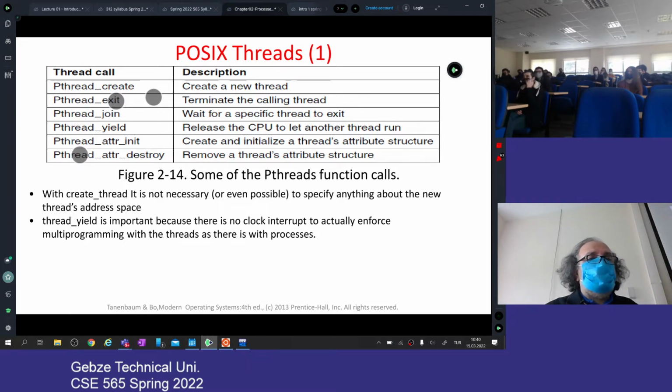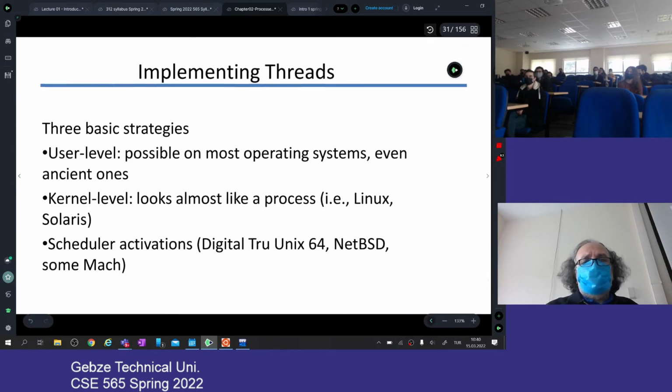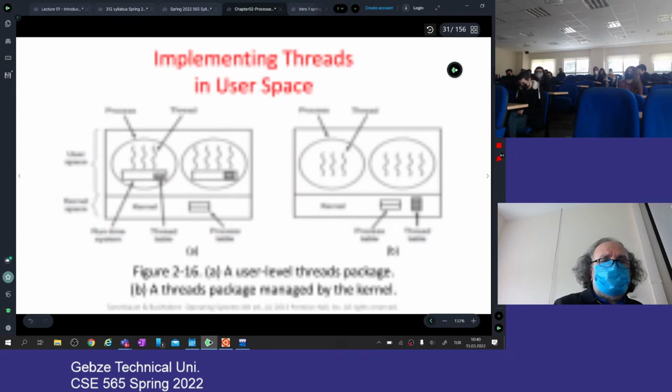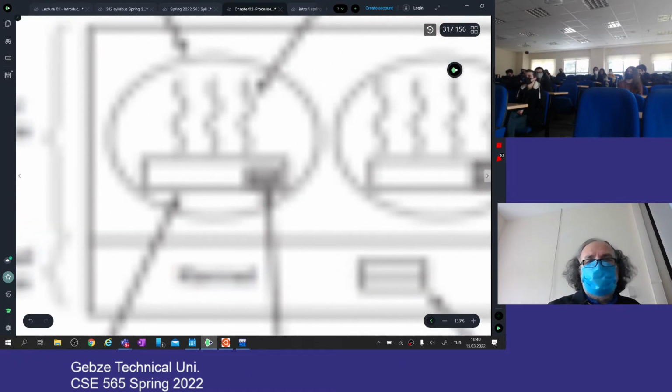I am always in the user mode. When I create a new thread, I don't tell anything to the kernel. I handle everything myself. What does that mean? That means that I need to keep this thread information inside my process.